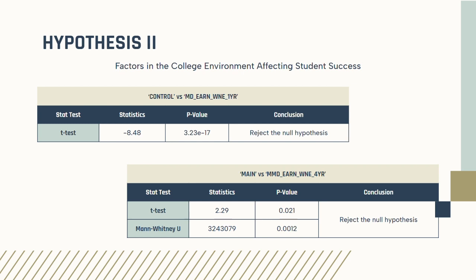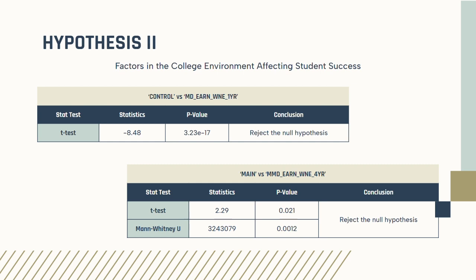Moving on to the second factor, which is whether the college is the main campus or a branch campus, because we can see there is a higher preference for the main campus among students, and it is supported by our tests as well, because we performed the same two tests here.